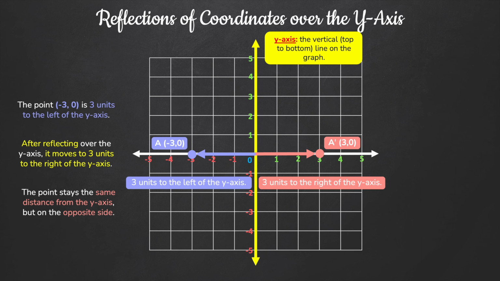So here we have our new point, A prime, which is at 3, 0. So when we reflected -3, 0, the x value changed. It was negative and now it's positive, and the y value stayed the same. And our new point has a little prime symbol showing that it's a reflection of -3, 0.